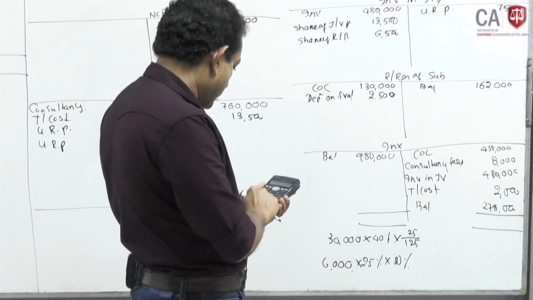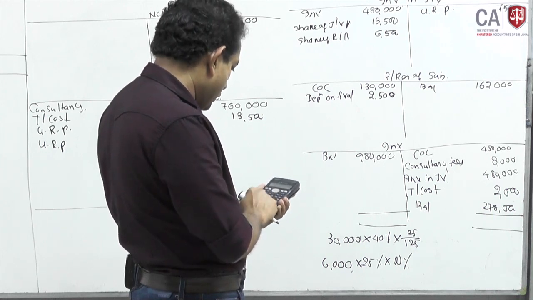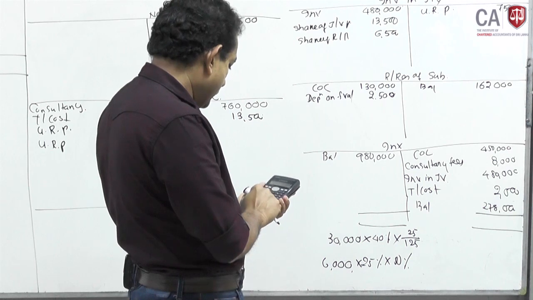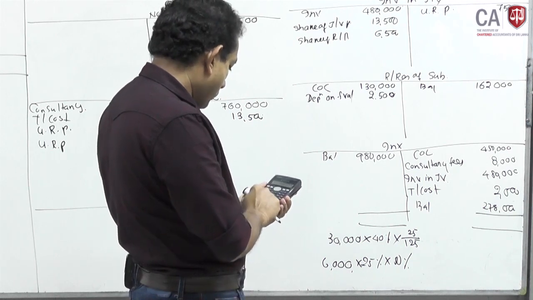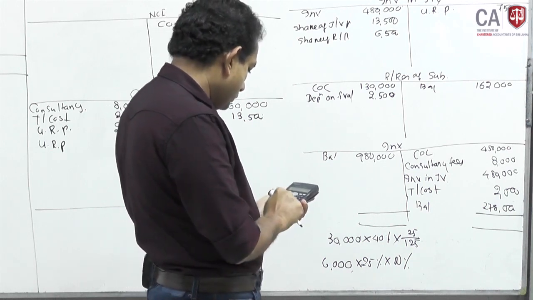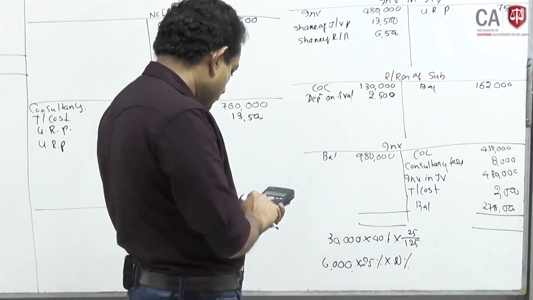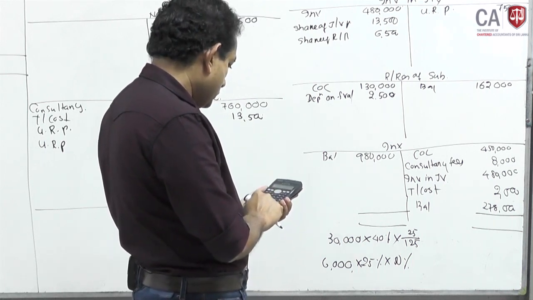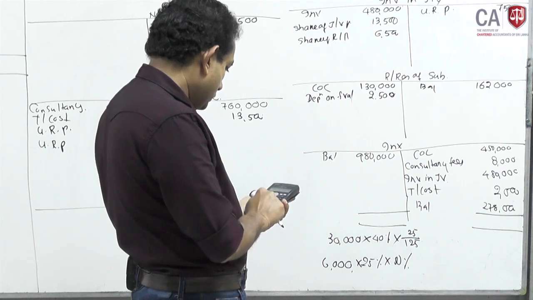So, 980,000 minus 450 minus 8,000 minus 480,000 minus 2,000.